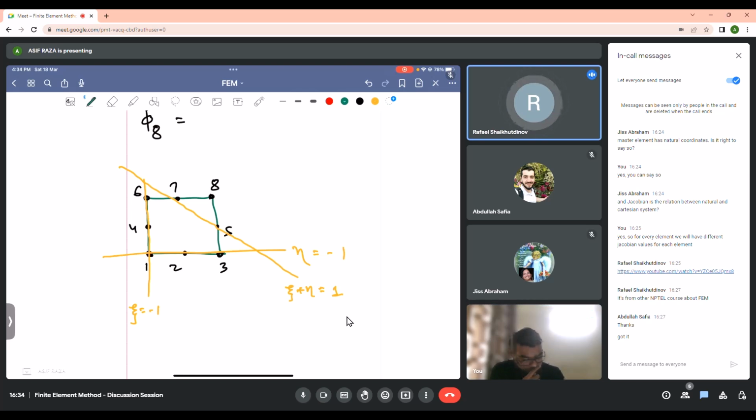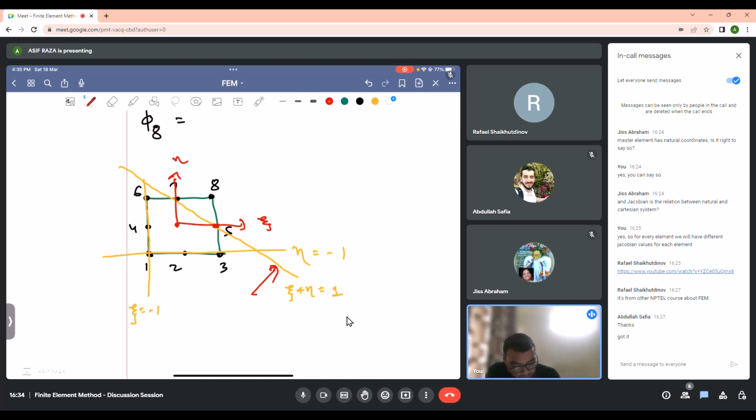Is there a fast way to do that? I wanted to find this line as a line passing through 2 points, 5 and 7. See, this is having a xi eta coordinate system, right? If I take this origin, this line passes through the xi axis at this point and this point.